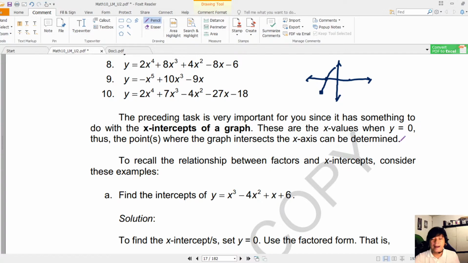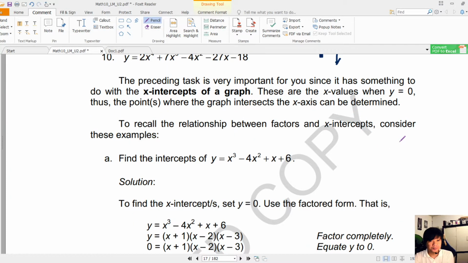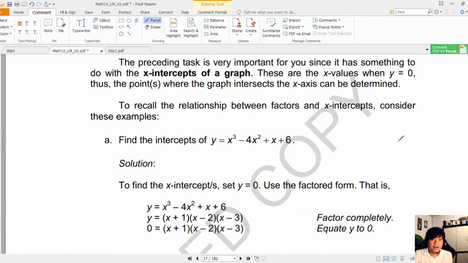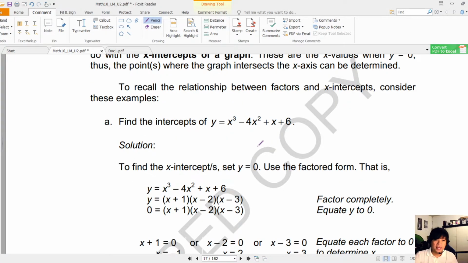So, we will understand that one by simply having this example. Find the intercepts of y is equal to x cubed minus 4x squared plus x plus 6. So, the solution. Since we're looking for the x-intercepts, we're going to set y is equal to 0.